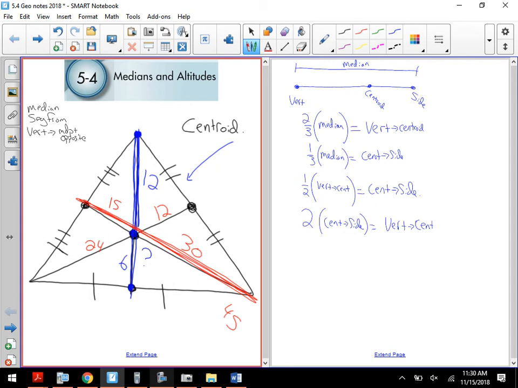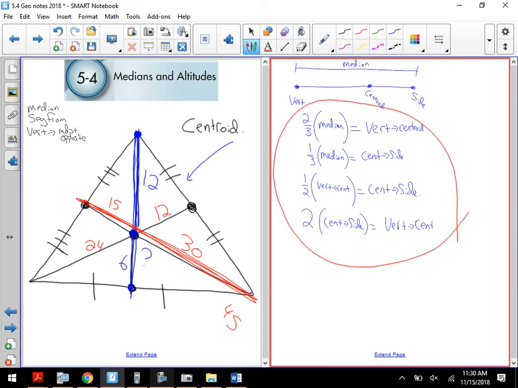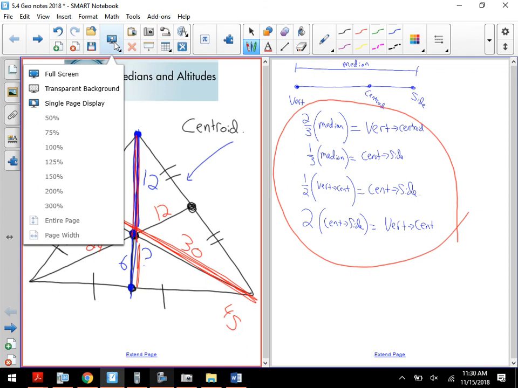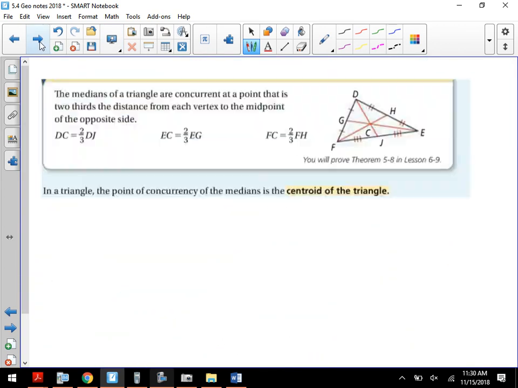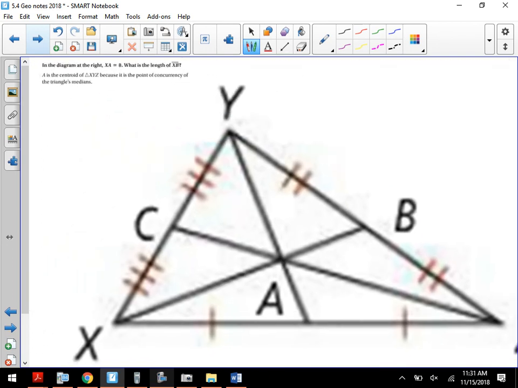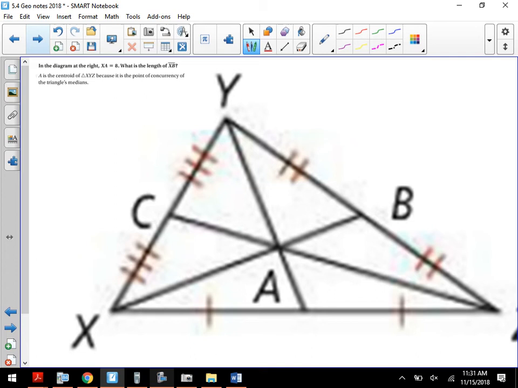Okay? It's knowing what you're working with. And a lot of times as you get into the diagram, it's pretty easy to tell. Because this part will always be longer than that part. Again, if that's 8, what's on the other side of it? 4, which makes the whole thing 12.